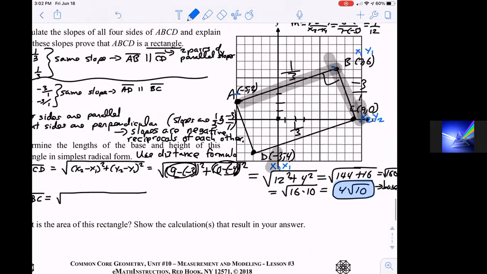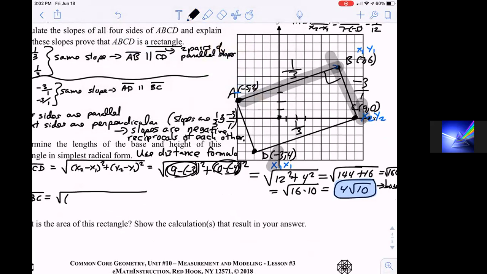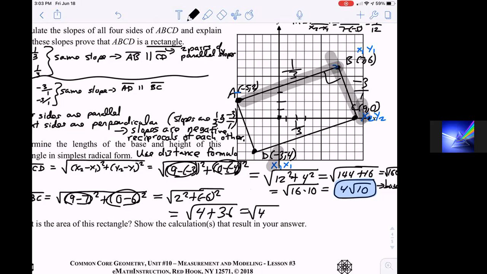Okay, so let's plug into that. So x2, y2, so we're going to go 9 minus 7 squared plus 0 minus 6 squared, which would be 9 minus 7 is 2 squared, and then 0 minus 6 is negative 6 squared, which would be 4 plus 36, which is the square root of 40.